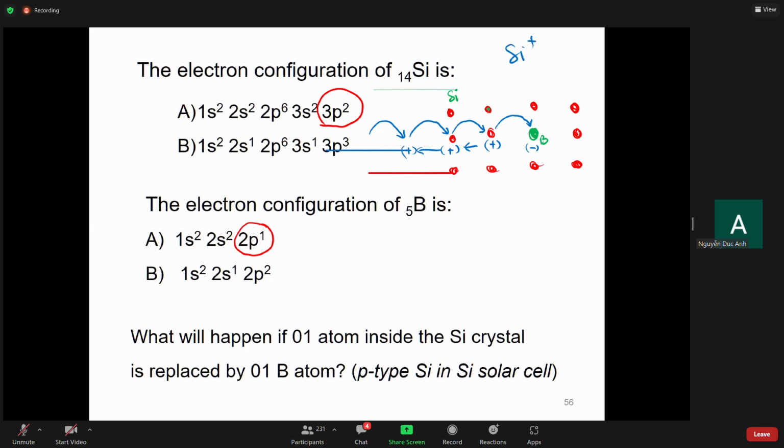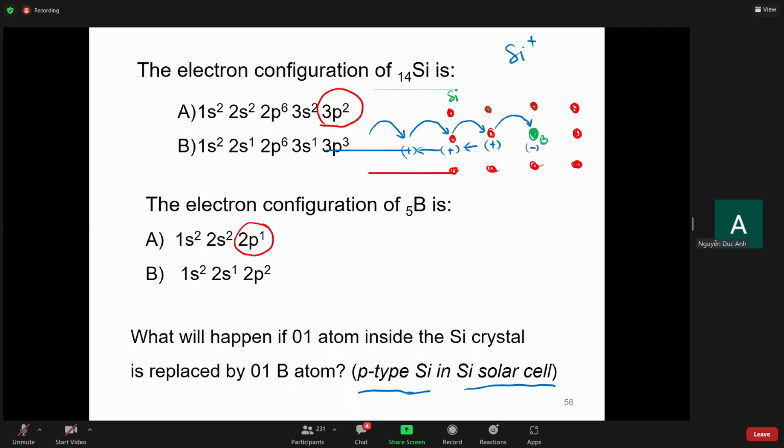It means the silicon crystal now has an ability to transport a positive charge, right? That phenomenon is called p-type silicon. This is important in the case of silicon solar cells. It's what happens in a silicon solar cell.